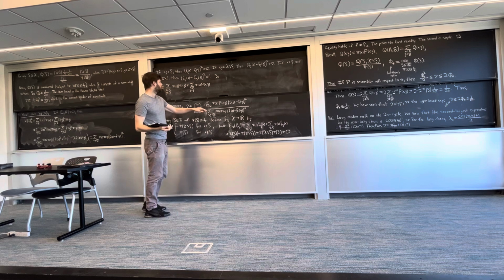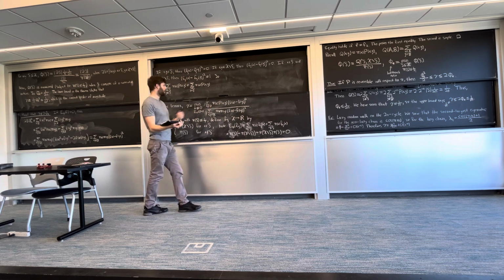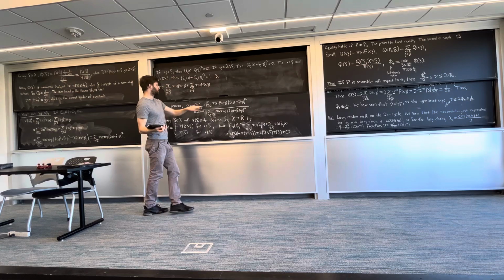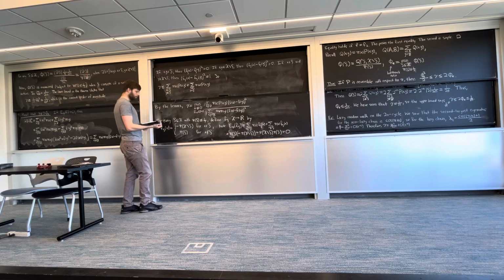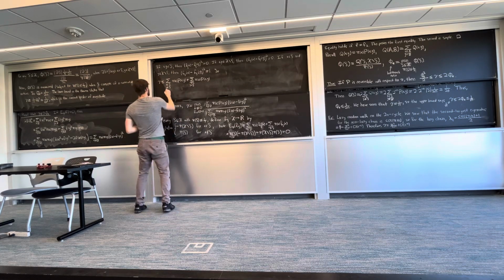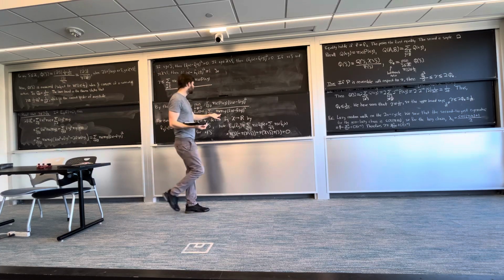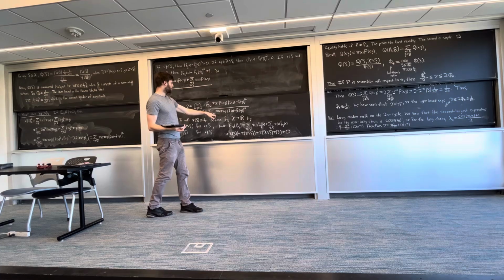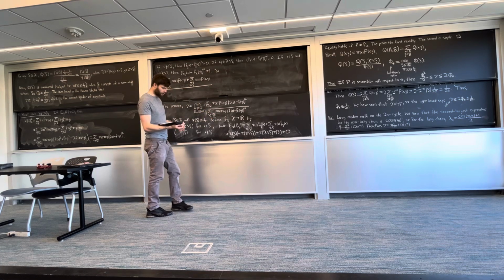That's just this sum, because I get 0 if x and y are both in S, or both not in S. And then I need to divide by this thing, and again I only care about the terms where x is in S and y is not, or vice versa.